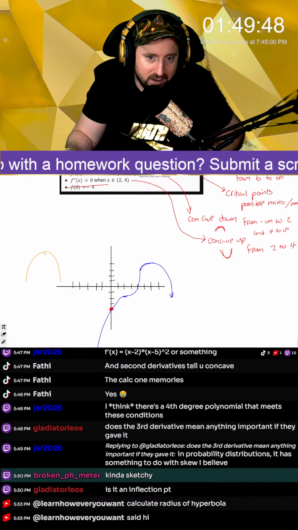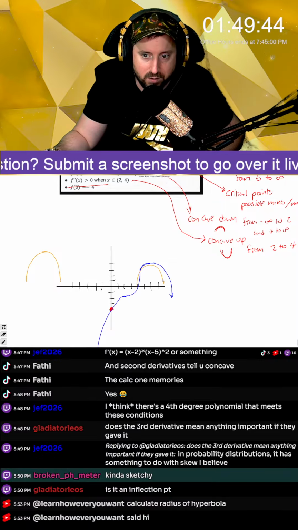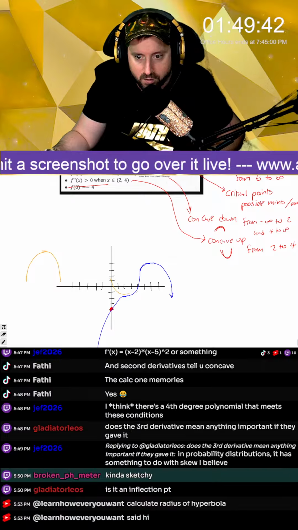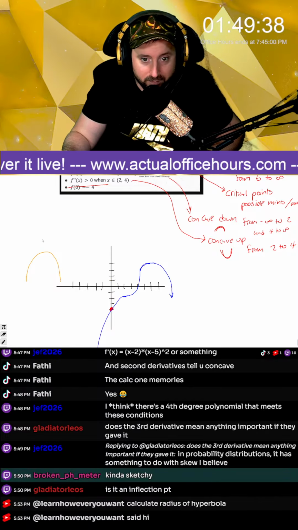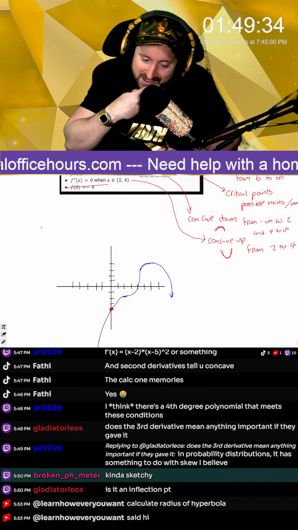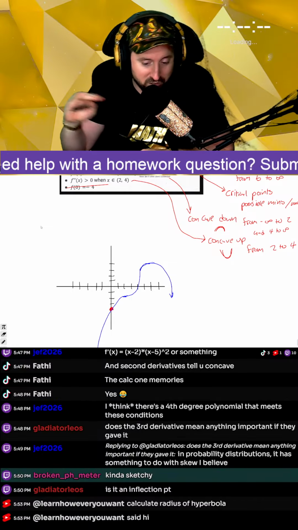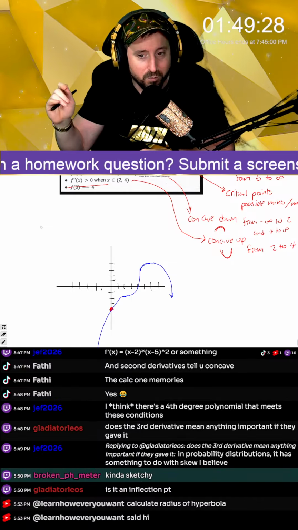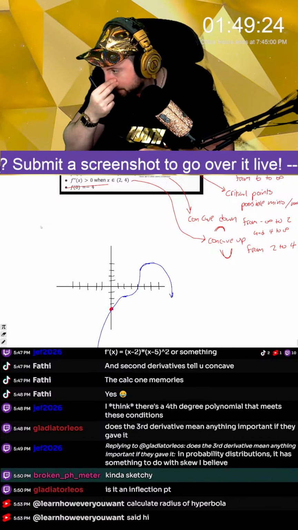So technically it's a point, but I like to draw the flat thing, so I know that it needs to be either a max or a minimum. In reality, the graph is not flat there. Yeah. No flat earth stuff here. The derivative is flat there, but the function is not flat. The function is technically curved. But I like to put that so that I know that it has to be either a max or a min.